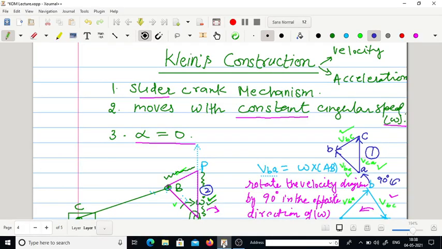So in the last video we discussed the construction of the velocity diagram by using Klein's method.